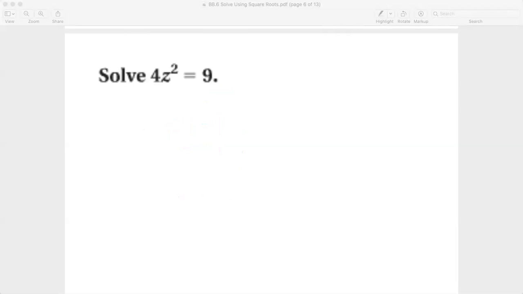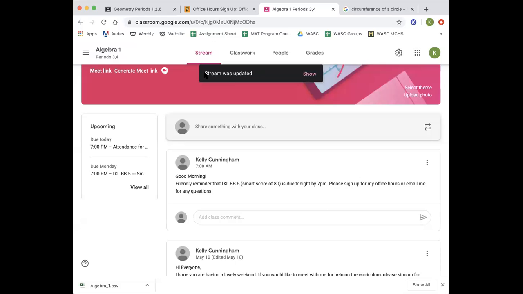Let's go ahead and look at what it would look like in IXL. Let me get to my IXL screen. I want you to see some examples.